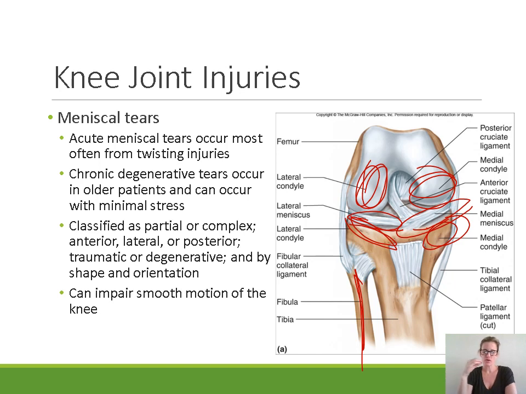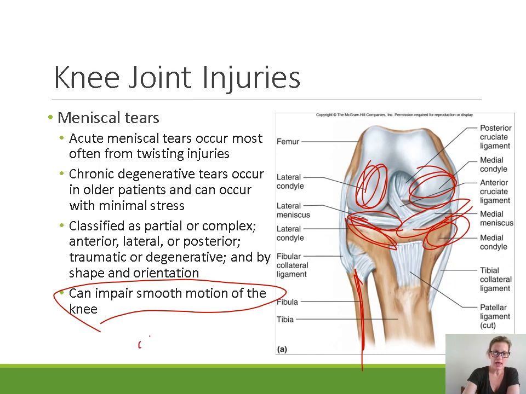So if there's any sort of a tear to the meniscus, it impairs the smooth motion of the knee, and the knee can tend to lock up during movement, get stuck in a certain position, or patients can bend the leg and kind of straighten it, but they can't completely straighten it. They can't lock the knee because there's some sort of a rough surface or some sort of a torn area on that meniscus.